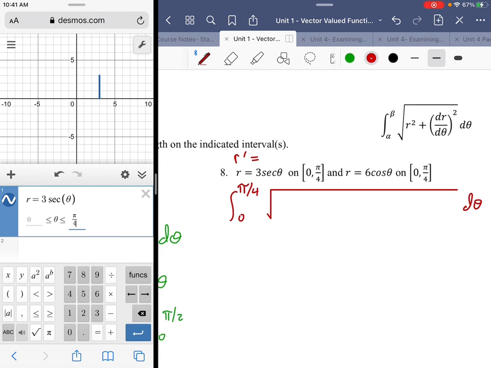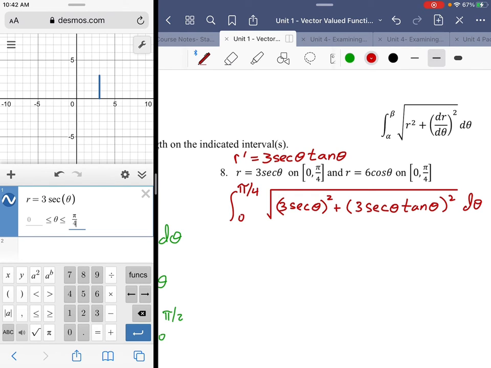Secant of theta has a derivative of secant theta tangent theta, so 3 secant theta tangent theta. So we're looking at 3 secant theta, quantity squared, plus 3 secant theta tangent theta, also squared.